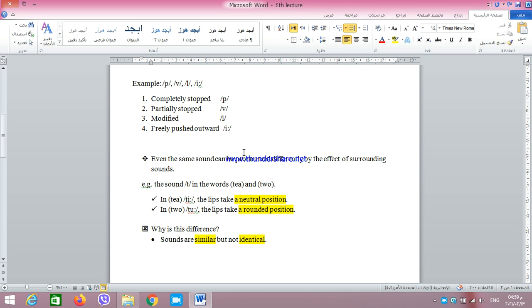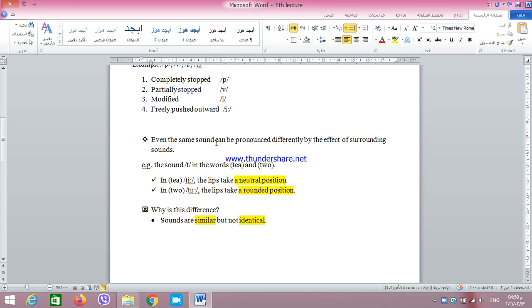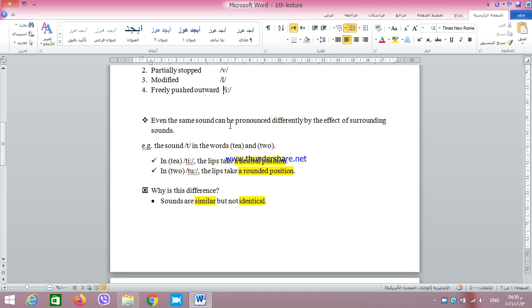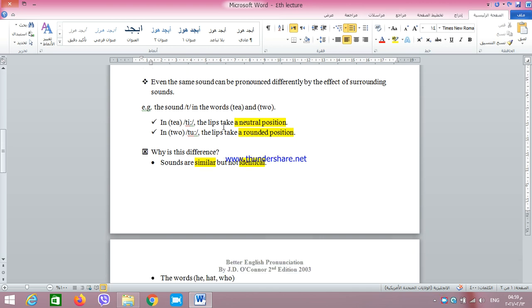The air goes out freely. E, O, U. These are the vowels. They are pronounced when the airflow goes out freely. Look, from these four examples, we can feel the variations we have in the pronunciation of sounds.